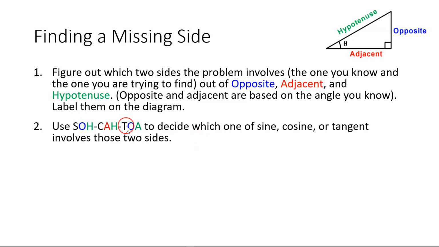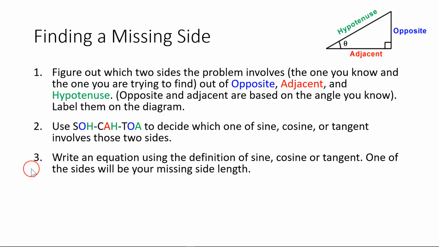So if the two sides you know are opposite and hypotenuse, you would use sine. If the two sides involved are adjacent and hypotenuse, you'd use cosine. If the two sides are opposite and adjacent, you'd use tangent.